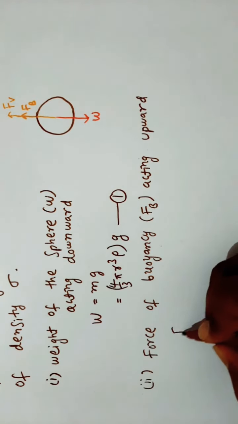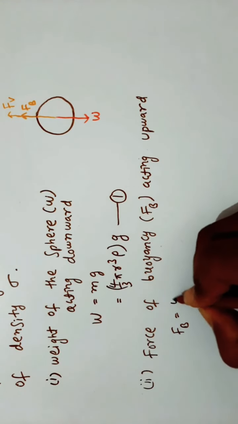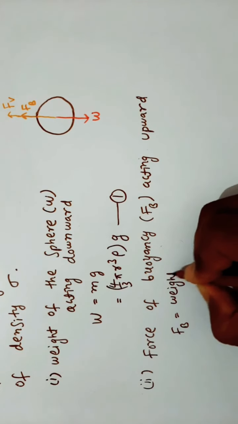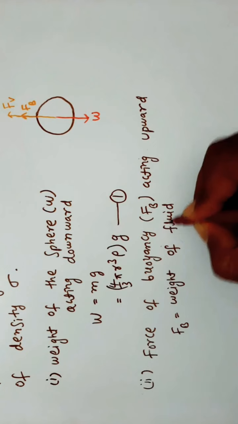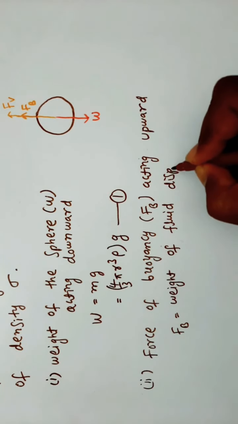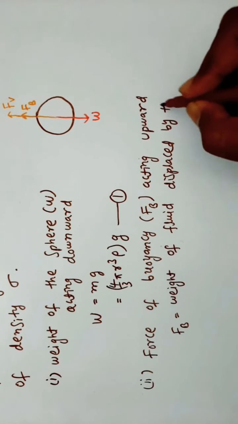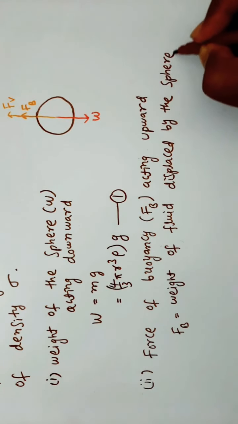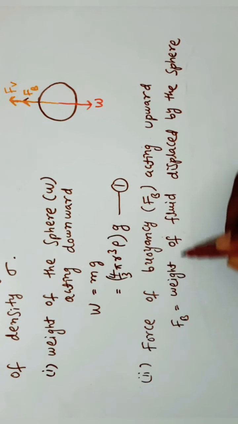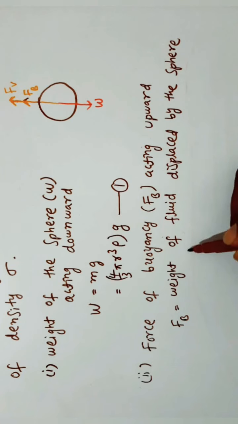So here Fb is equal to the weight of fluid displaced by the sphere. The weight of the fluid is equal to mg.